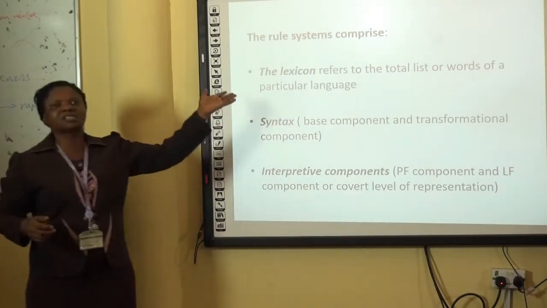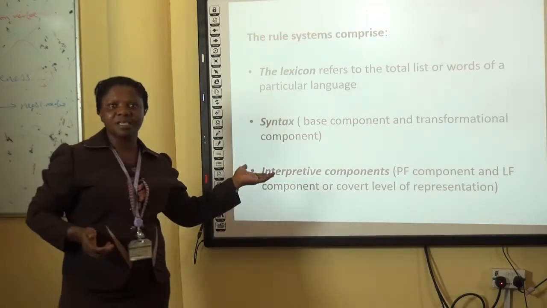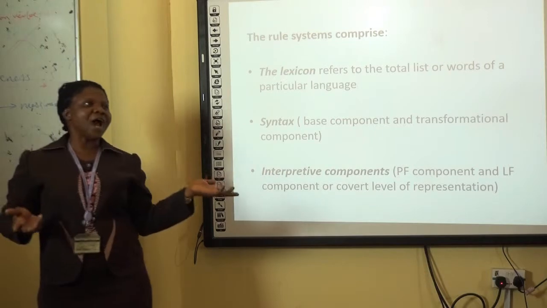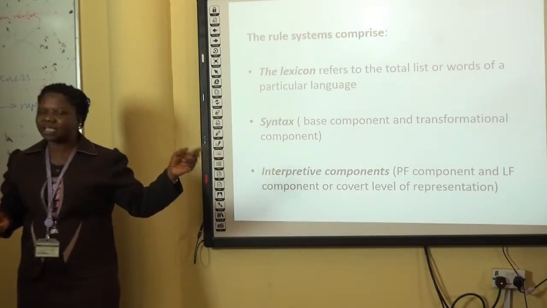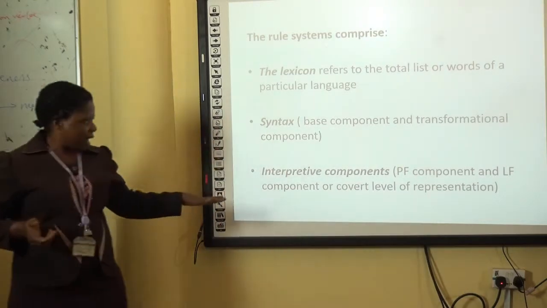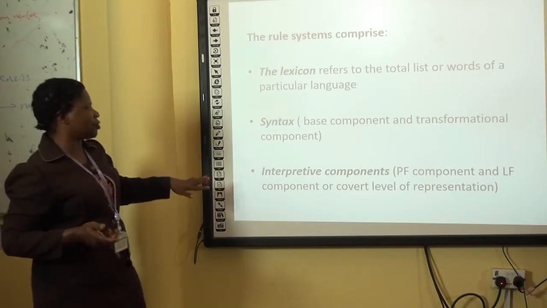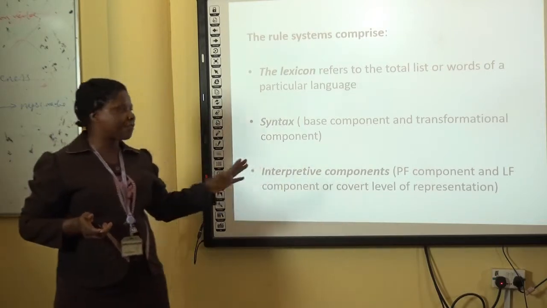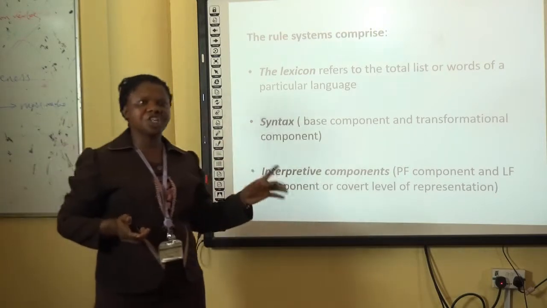Then besides the lexicon, we have the syntax. Chomsky divides the syntax into the base component and the transformational component. Again, we have the fourth division, which has to do with the PF, the phonetic form component, and the LF, the logical form.